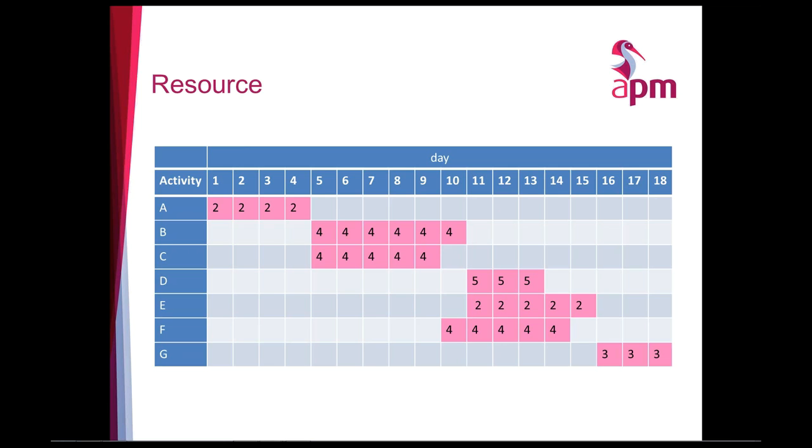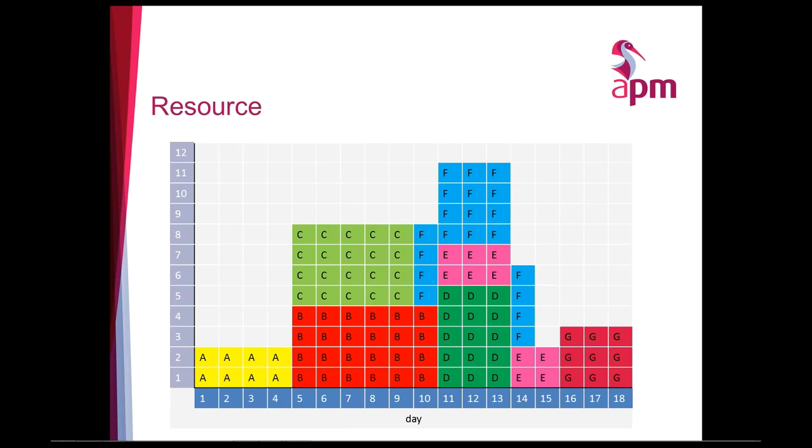What that enables us to do is to sum how many resources are required on each day. That will give us what we call a resource histogram. I've color-coded the activities. So you can see activity A uses 2 resources on day 1, and 2 on day 3. When we get to day 5, activity B is using 4 resources, as is activity C, so total resources required is 8.